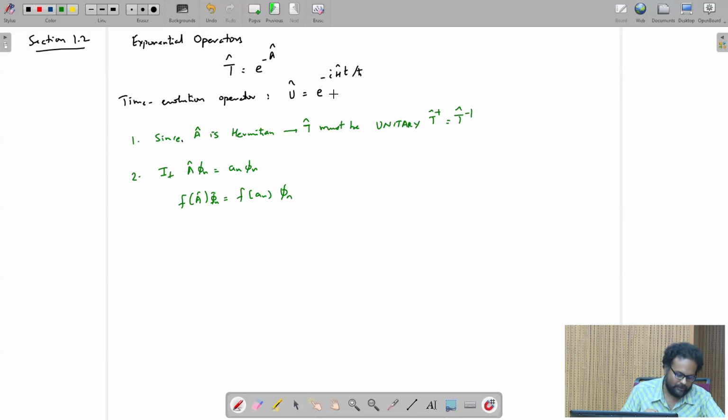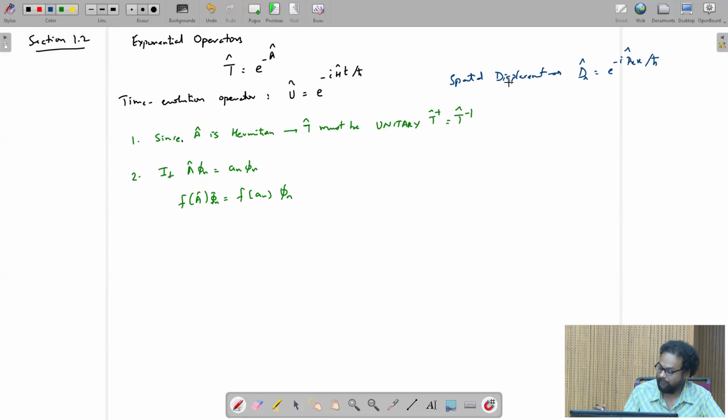This I said is a time evolution operator, but you can also associate operators for spatial displacement. I'll give you an example. So a spatial displacement, let's say I'm moving in x, is e to the power minus i p x over h cross. That's a displacement operator.